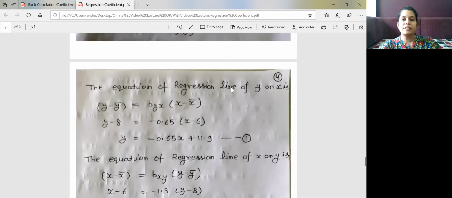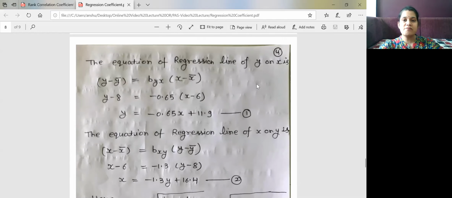The equation of the regression line of y on x: we say firstly y on x, so our formula starts from the variable y. So y minus y bar is equal to byx, that means the regression coefficient of y on x, multiplied by x minus x bar. So put all these values in the given equation.